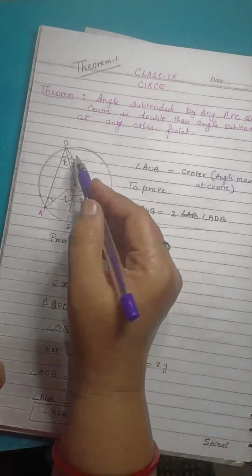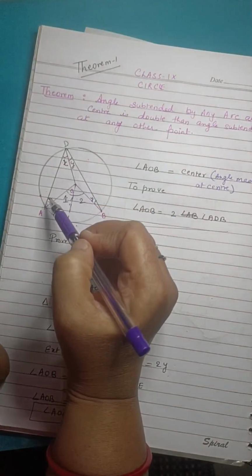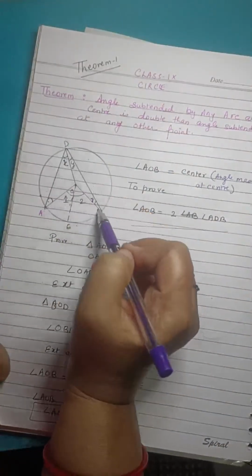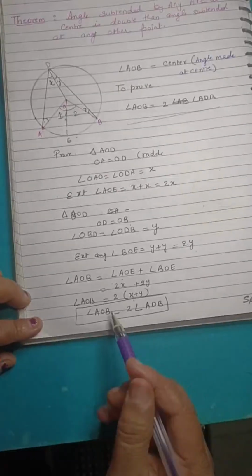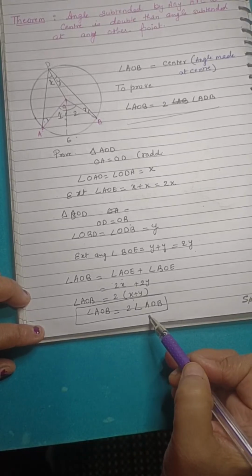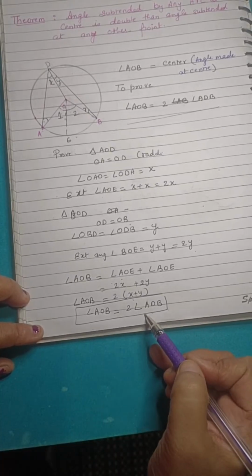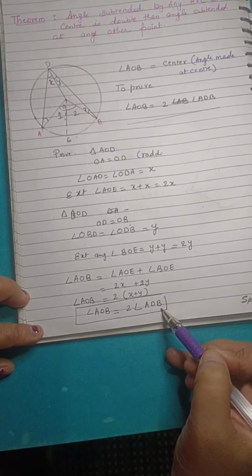If we see in this figure, x plus y is representing the angle ADB. So in place of x plus y, we will write angle ADB. So angle AOB equals twice of angle ADB.